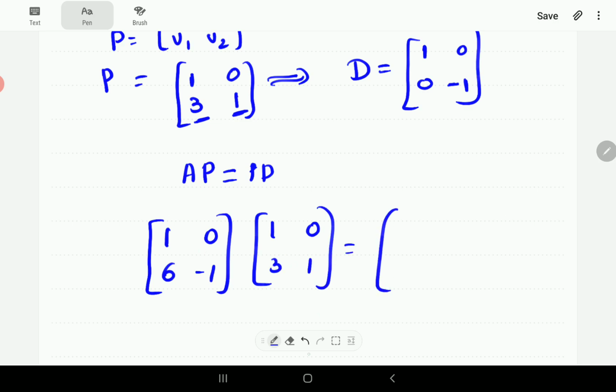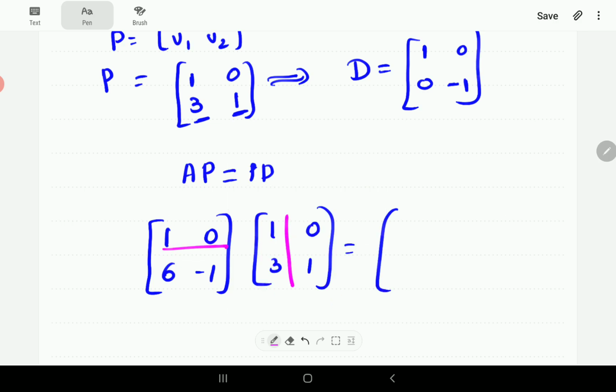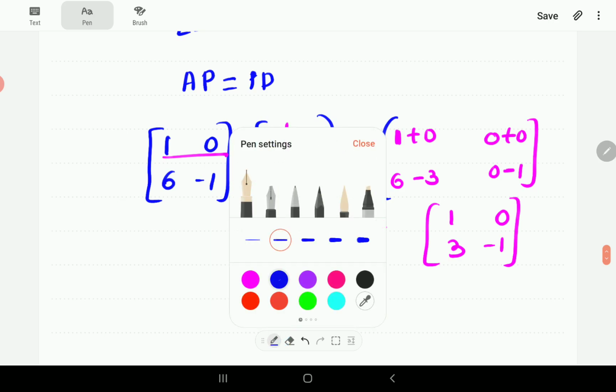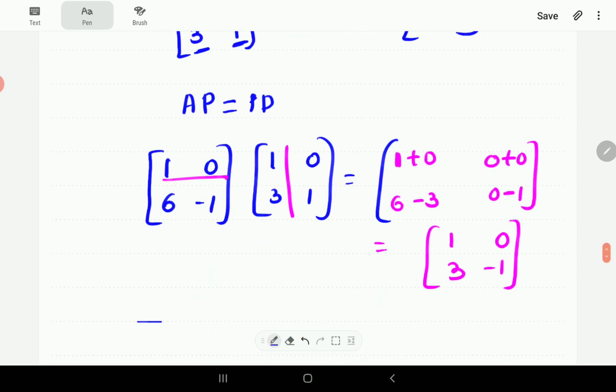Here you are getting 1, 0, and 0, 0; this is 6 minus 3, and this is 0 and -1. So here you will get the answer as 1 0 3 -1. Similarly, let us find out P times D.